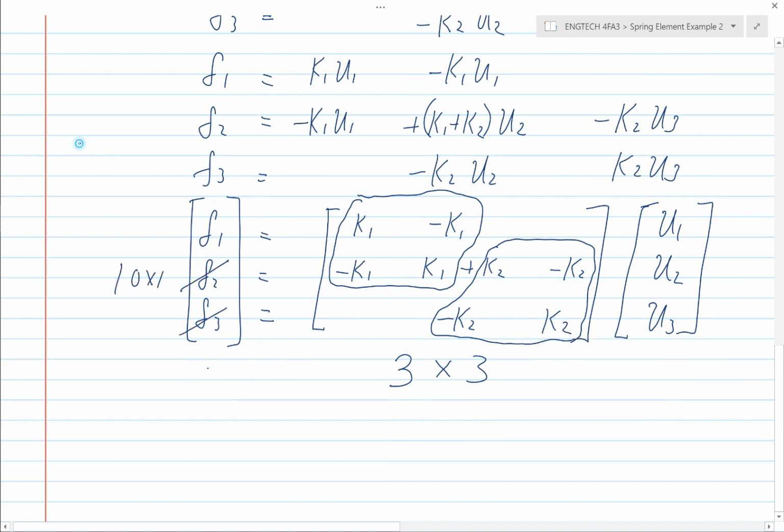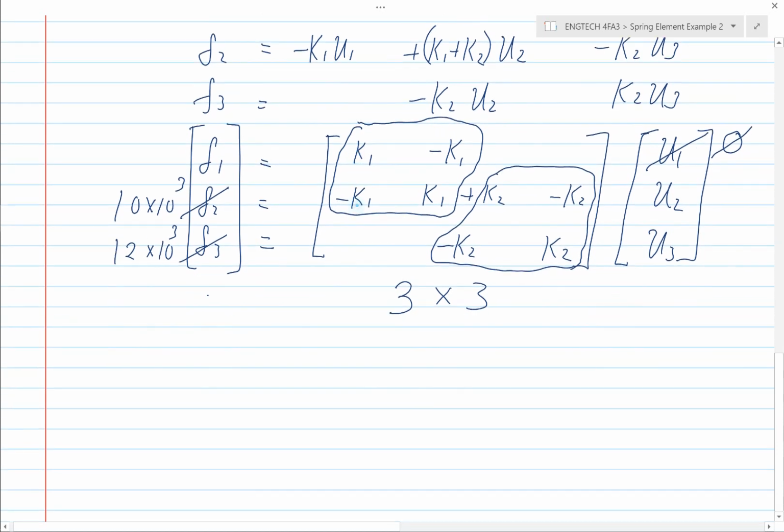Ten times 10 to the 3, and this is 12 times 10 to the 3. Okay, and U1 is 0 because it's stuck against the wall, and U2 is moving something, we're about to solve it, and U3 as well is moving.